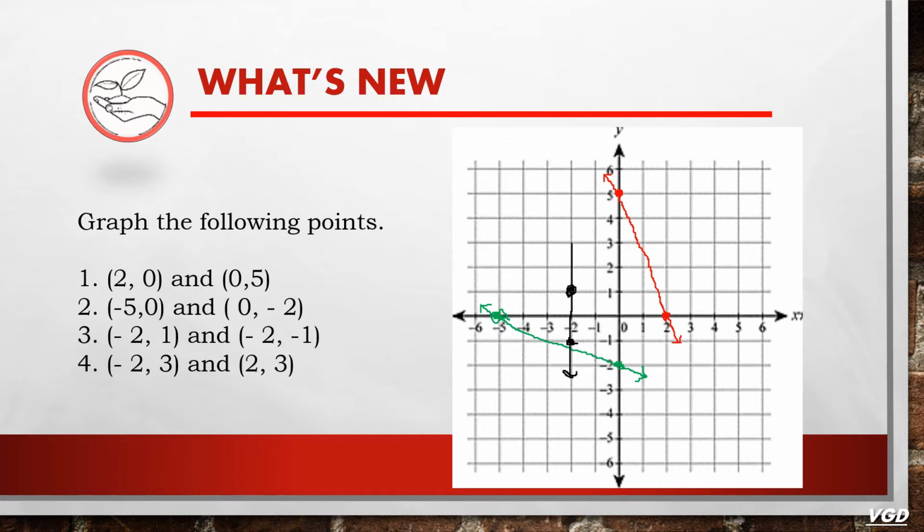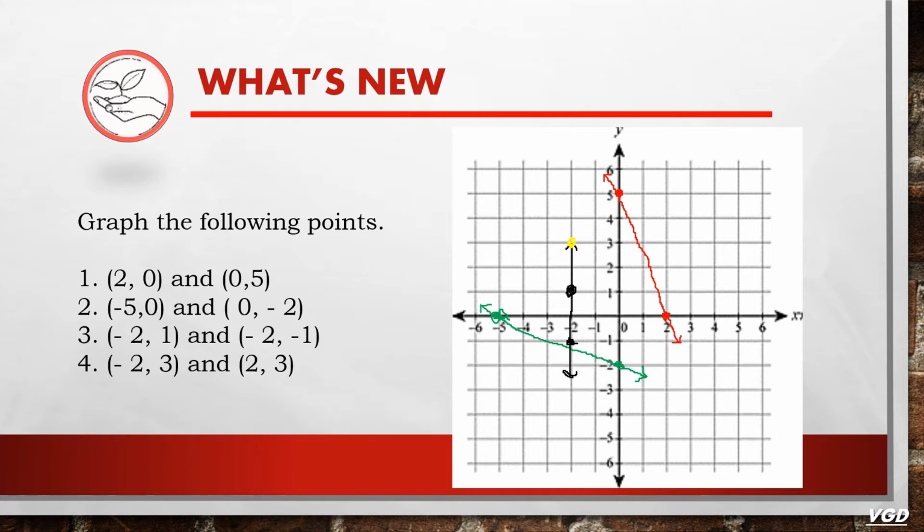Now, we're going to have the fourth point. Let's graph (-2, 3). Since 2 is negative, we're going to the left, and then going up to 3, since 3 is positive. So here is the point, right? And next is (2, 3).